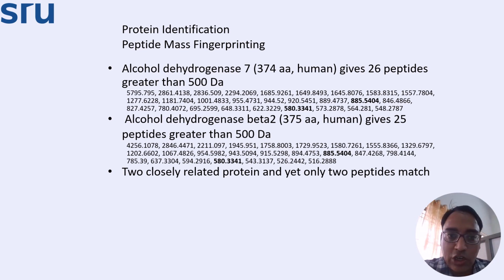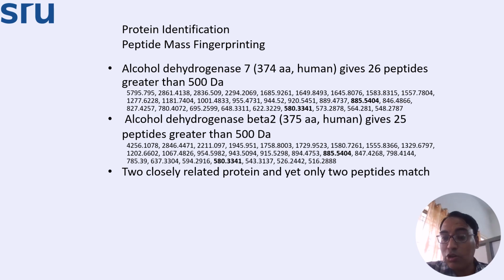Now, to continue further, let me talk about the discrimination power of mass spectroscopy for two very closely related protein sequences. Here I'm doing alcohol dehydrogenase 7, 374 amino acids, belonging to human only. It gives me 26 peptides greater than 500 Dalton.